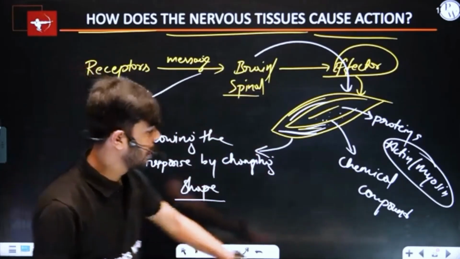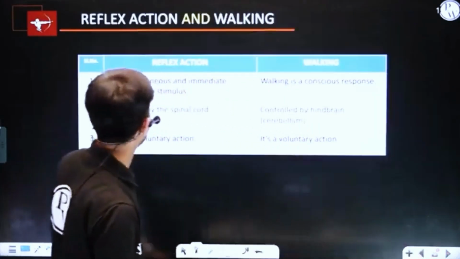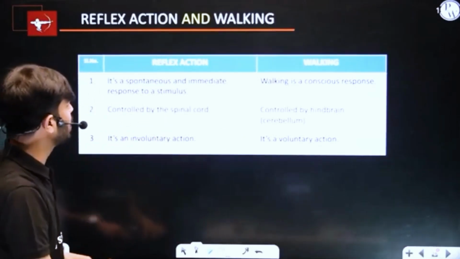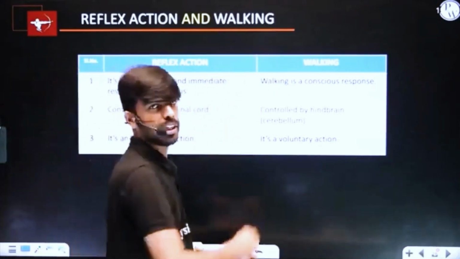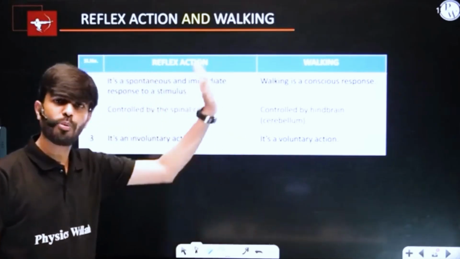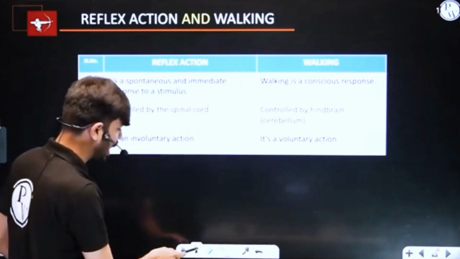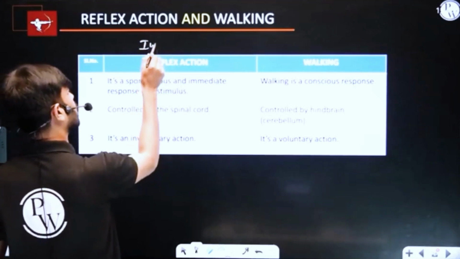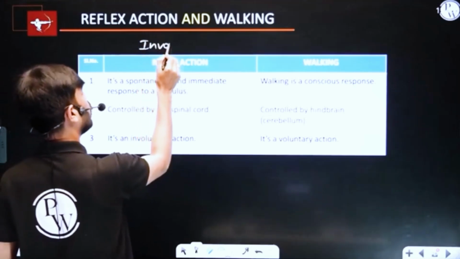Now let's go through this particular question. They are going to ask, what are the major differences between reflex action and walking? Reflex action and walking. You know that reflex action is involuntary.